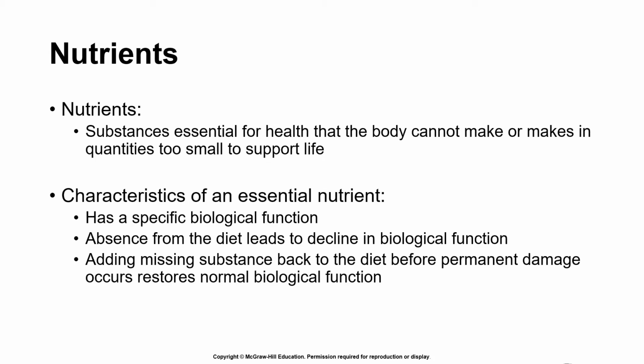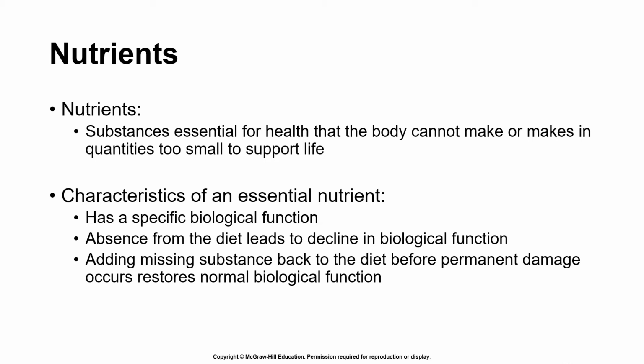Now, a nutrient is a chemical substance that is essential for health, and the body can't or traditionally doesn't make enough of this substance. So we have to consume it. An essential nutrient has functions.